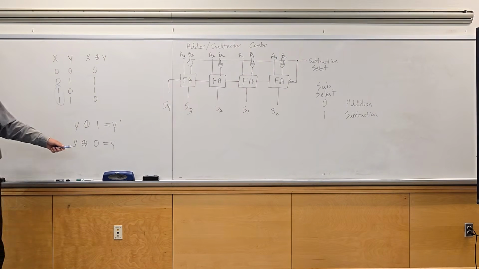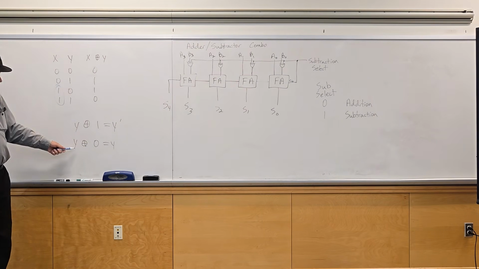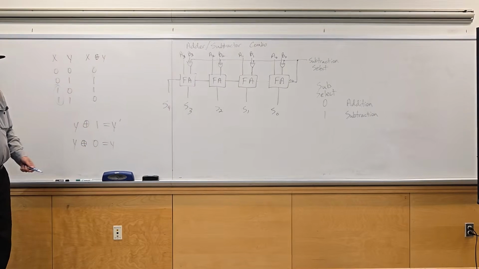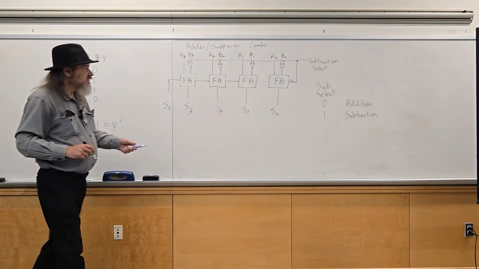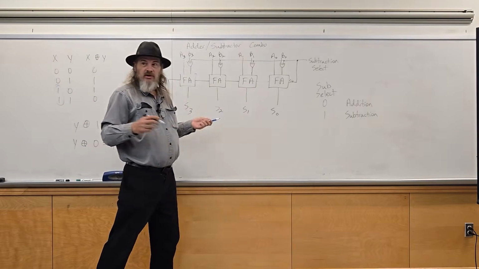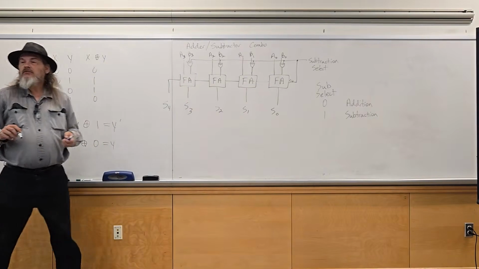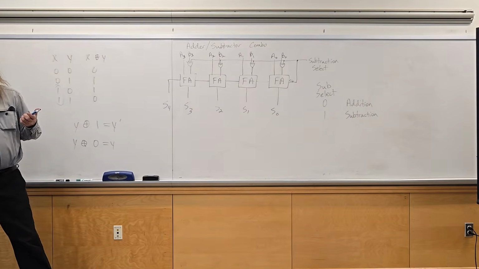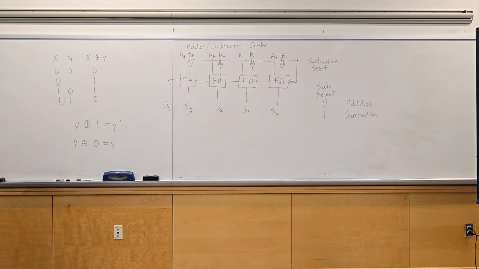When it's 0, it doesn't invert the input, and the full adders just do simple addition. The full adders do simple addition either way. It's just one's with a negative number and one's with a positive number. Is that a little bit more clear, or not quite?